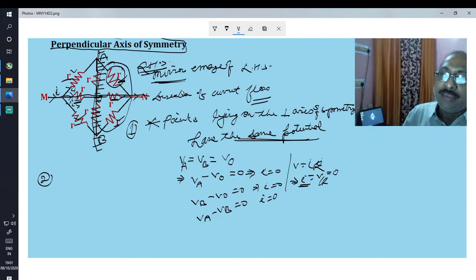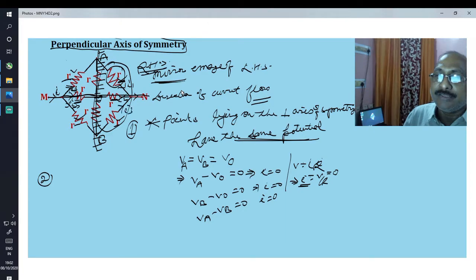Now current I1 is here, therefore its image will also be I1. So its image is here I1. If we consider current I2 is flowing here, then its image I2 will be here. Similarly, if I3 current is flowing in this branch, then the image of I3 will be here.